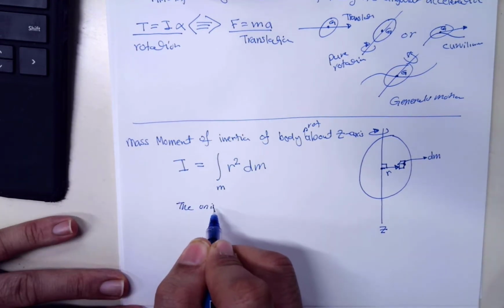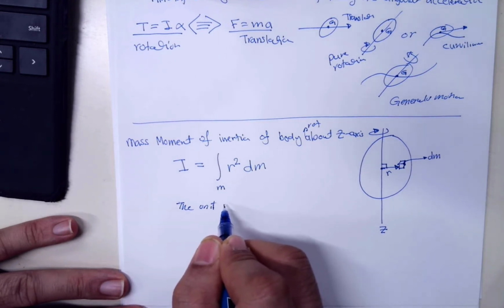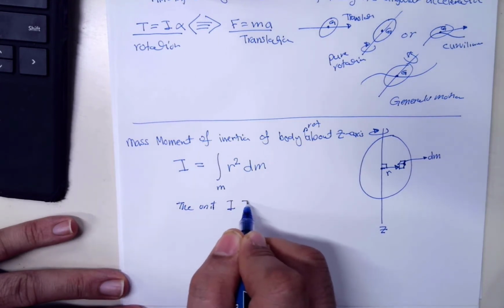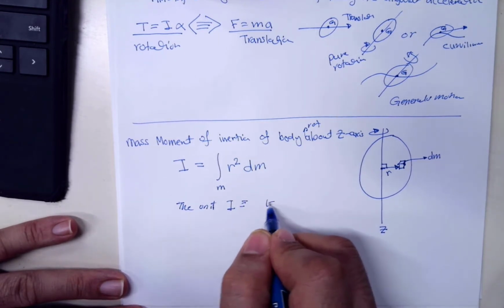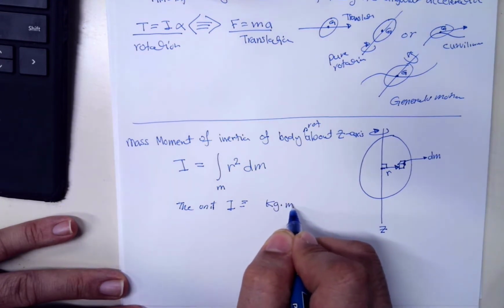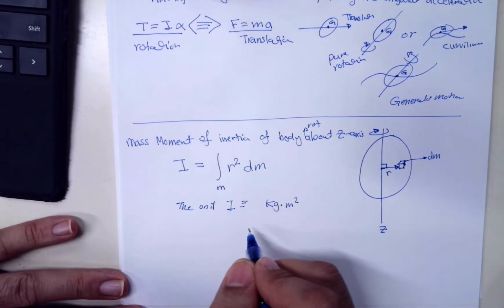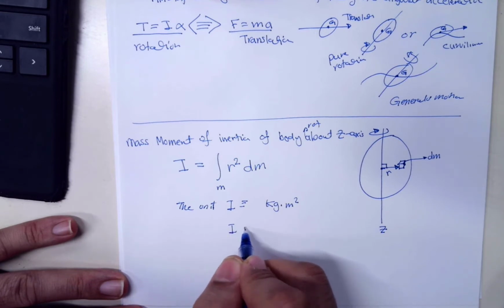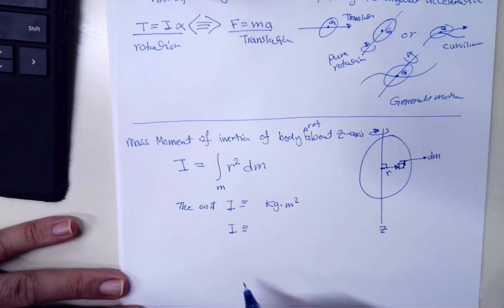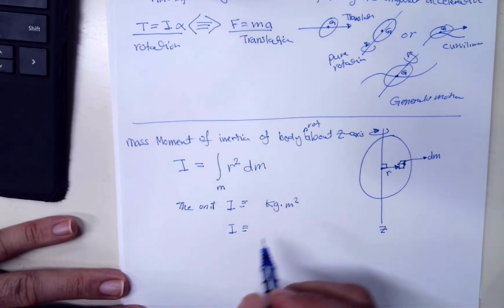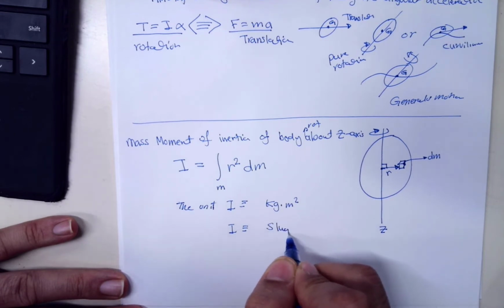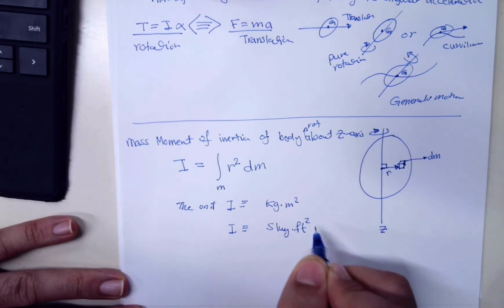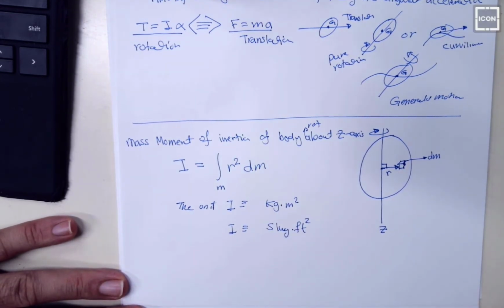The unit of the inertia in SI is kilogram meter squared, and in the customary unit it is slug feet squared.